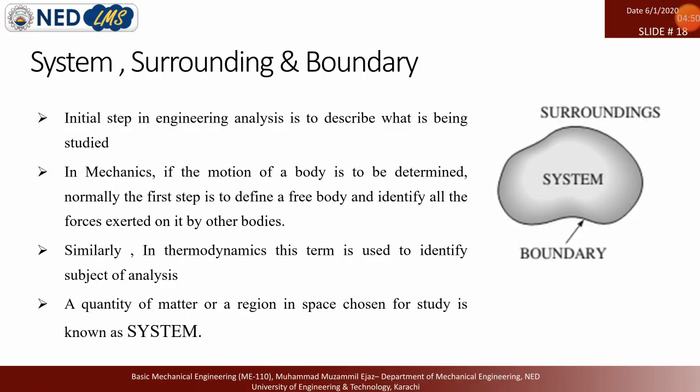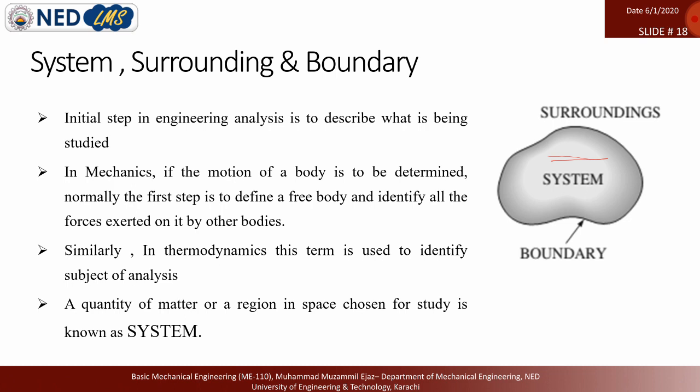So now move to the next step, definitions. The basic and starting definitions of thermodynamics are system, surroundings and boundary. What is a system? On the screen you can see the diagram is well defined.